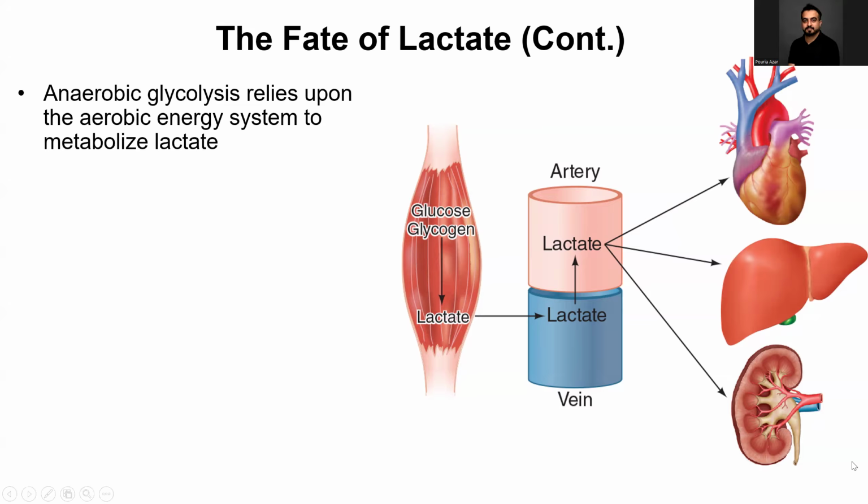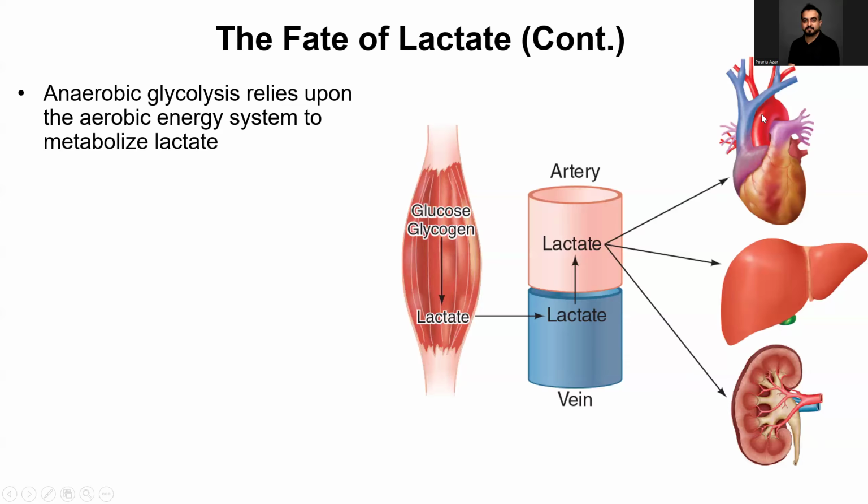So from here we have, this is our muscle fiber, for instance. We use glucose or glycogen in the glycolysis energy system, and we produce lactate from that system, and this lactate enters the blood, and from blood can be taken up by the heart, liver, kidney, and slow twitch muscle fibers.